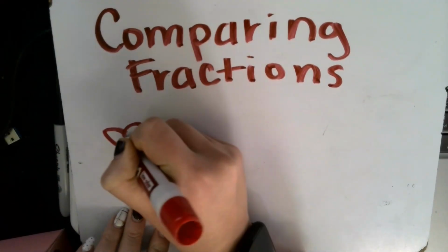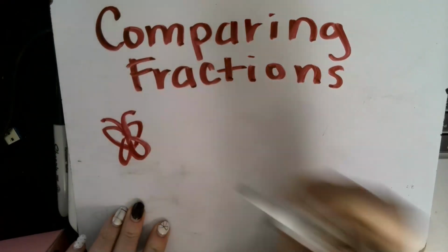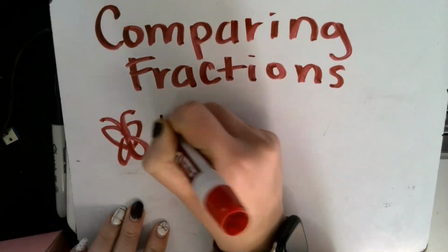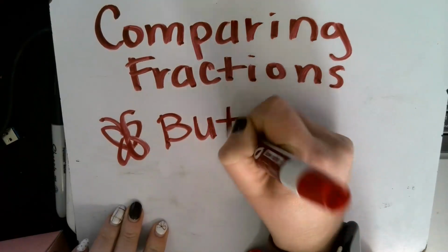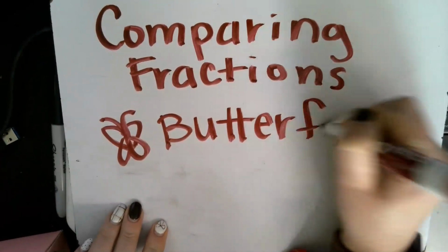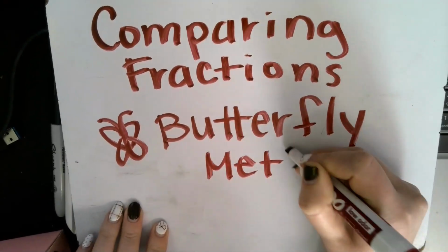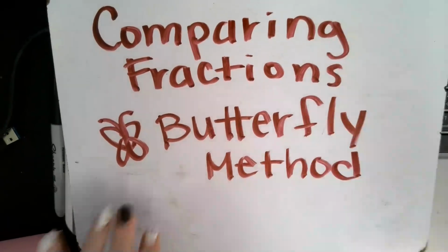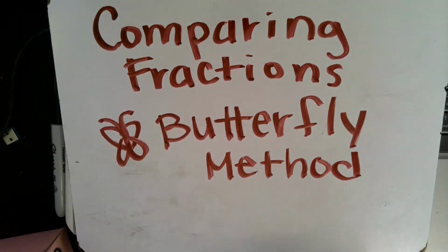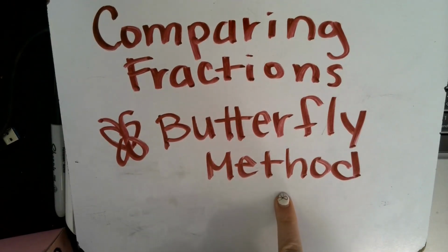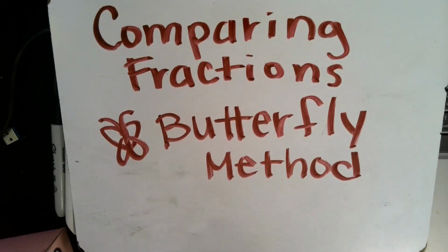So make sure you pay very close attention because this is going to be called the butterfly method. The butterfly method is going to be your new best friend, and I'll tell you why, because I'm going to make you do it every time you compare fractions. What is it called? The butterfly method.